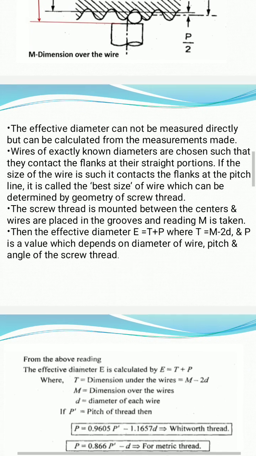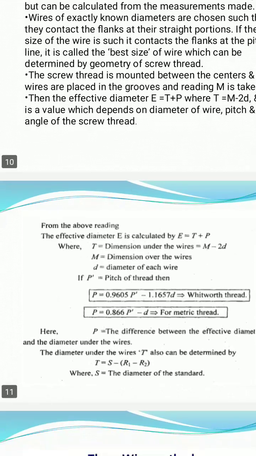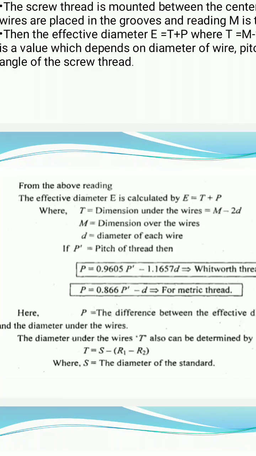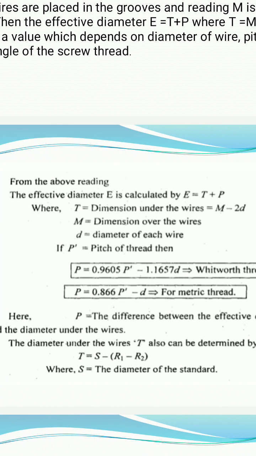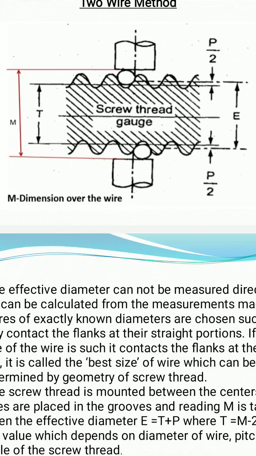So from this, how do we measure the effective diameter? If you see on the screen, effective diameter E can be calculated as E equals T plus P. What is T? The diameter of the screw thread under the wires.